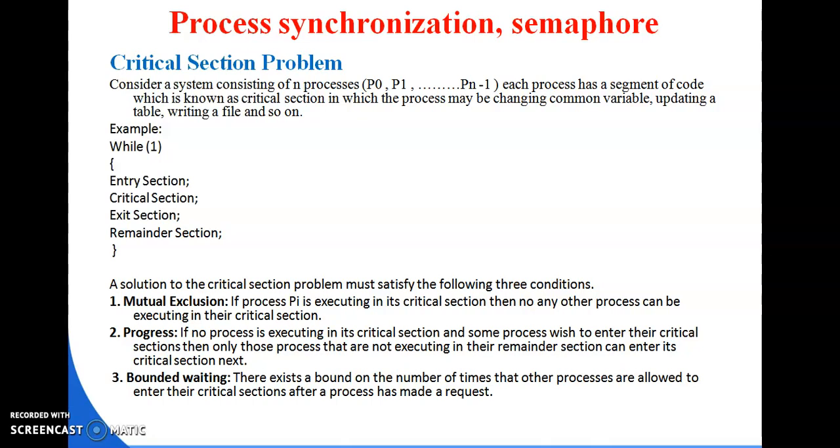So these are the conditions for the critical section solution. First is mutual exclusion, where if process Pi is executing in its critical section, then no other process can be executing in theirs.